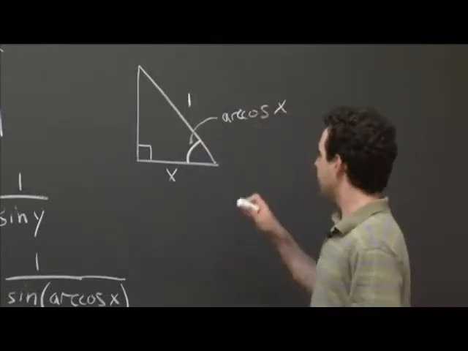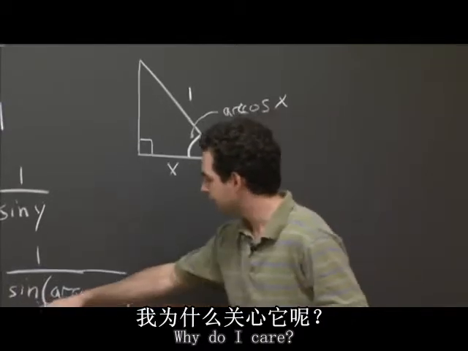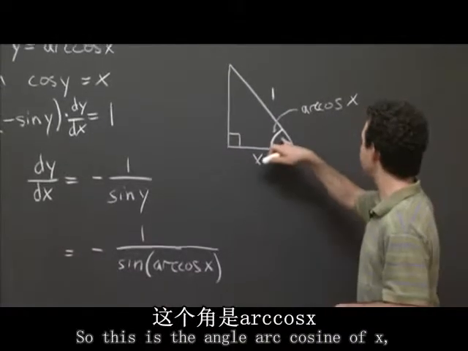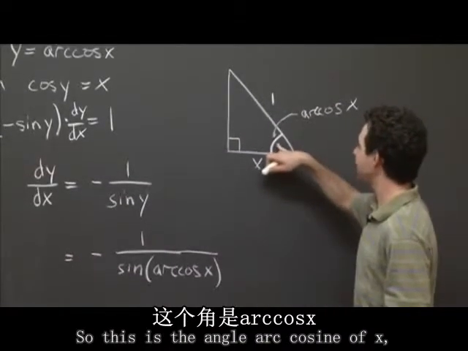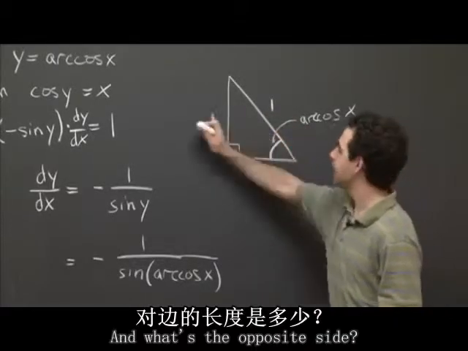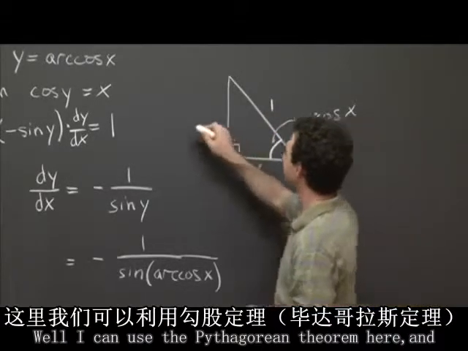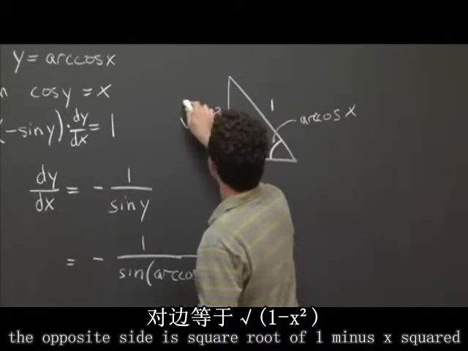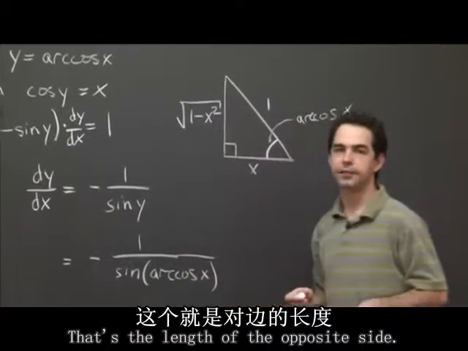So OK, so what? Why do I care? Because I need sine of that angle. So this is the angle arc cosine of x. So sine of that angle is the opposite side over the hypotenuse. And what's the opposite side? Well, I can use the Pythagorean theorem here. And the opposite side is the square root of 1 minus x squared. That's the length of the opposite side.